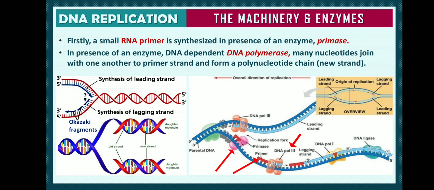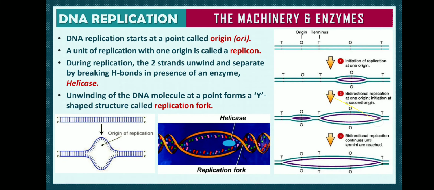Students, DNA polymerase is the enzyme capable of adding new complementary nucleotides and extending the strand. So the synthesis of a new polynucleotide chain is done by an enzyme called DNA polymerase.